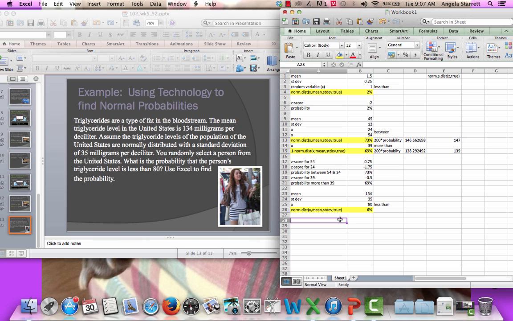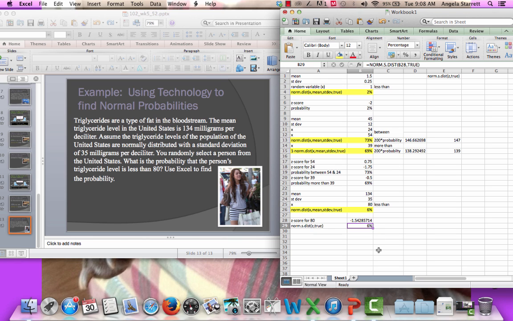Okay, can we do a z-score? Sure we can. Let's do that very quickly here. Z-score for 80. We do equals, in parentheses, our 80 minus our mean, close parentheses, divided by our standard deviation. So we get our z-score. And now we want our norm dot s dot dist of our z, true, and you can see that we get the exact same answer.